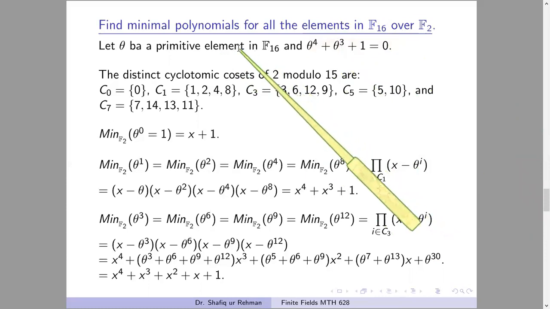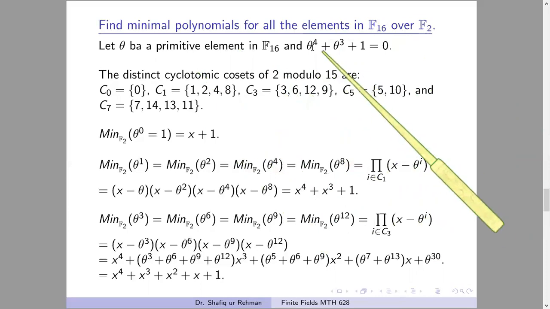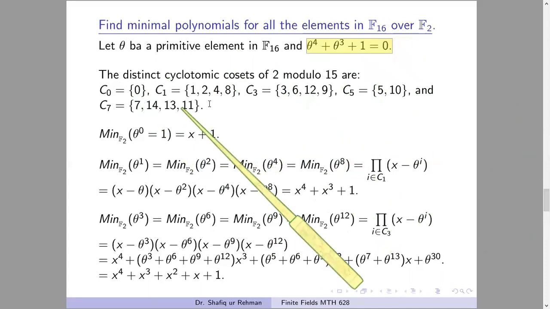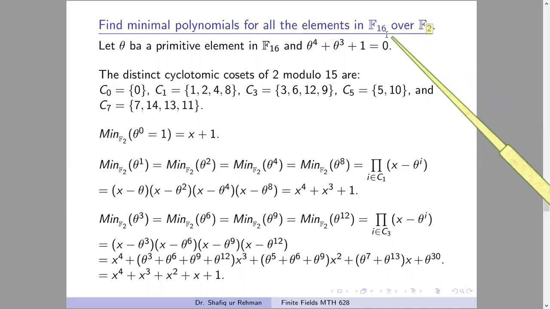And again, the first step, whenever we have to find the minimal polynomials of all the powers of theta, is first of all to note the minimal polynomial of theta, then we write all the cyclotomic cosets of 2 modulo 16 minus 1.